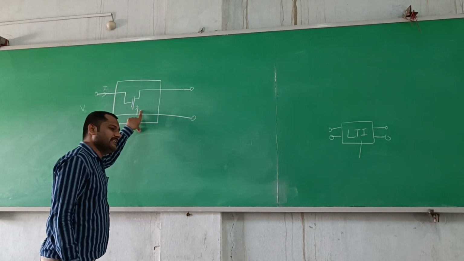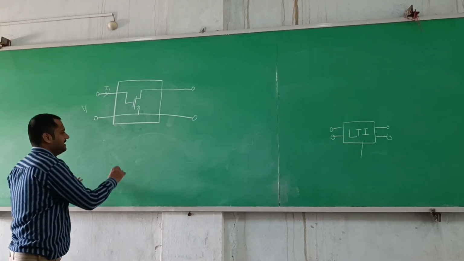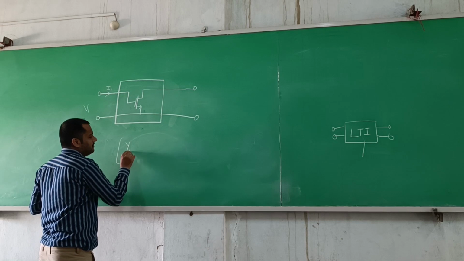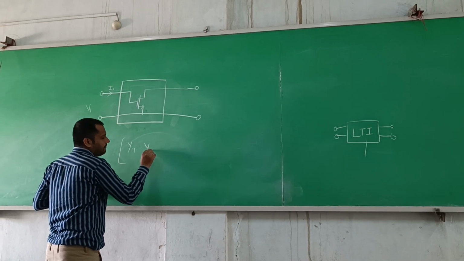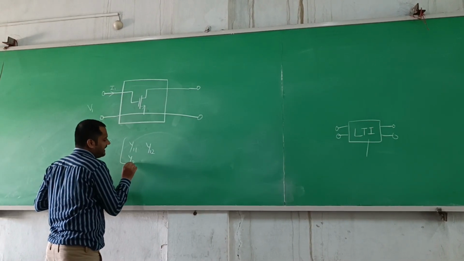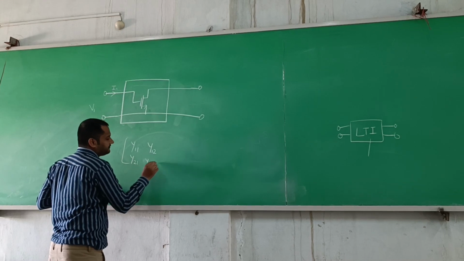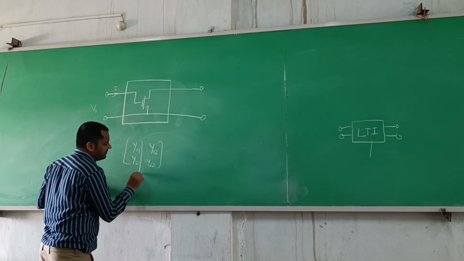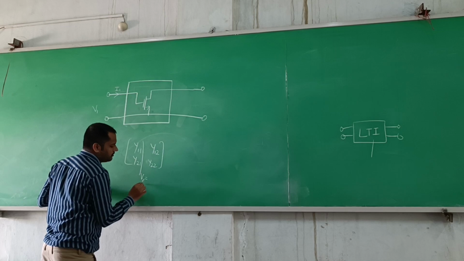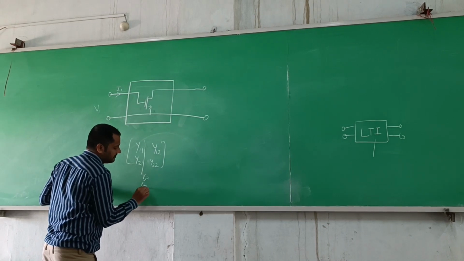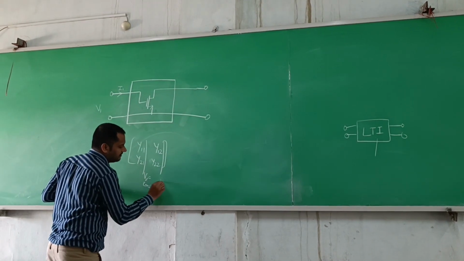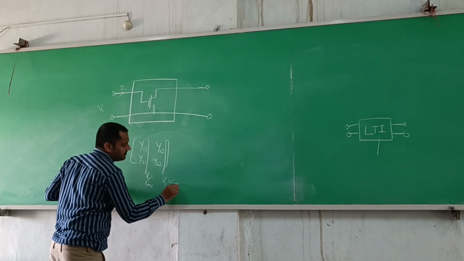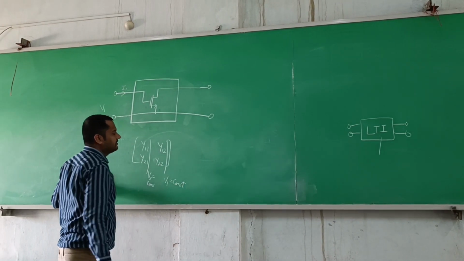For that small signal model, we need its Y parameter. We want to derive its Y parameter, with V2 equal to constant, and here V1 equal to constant.